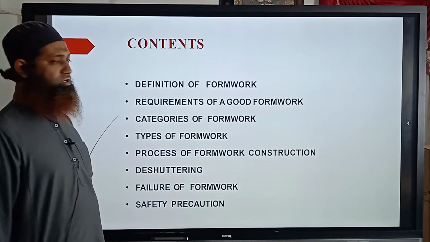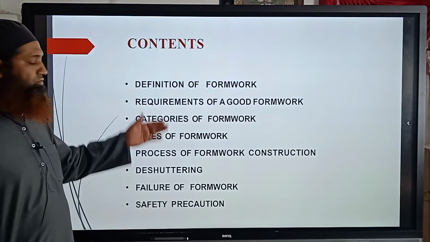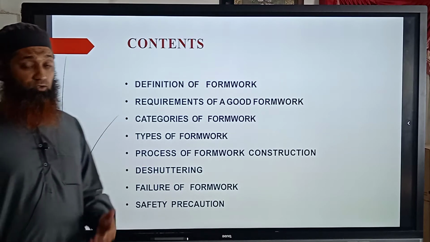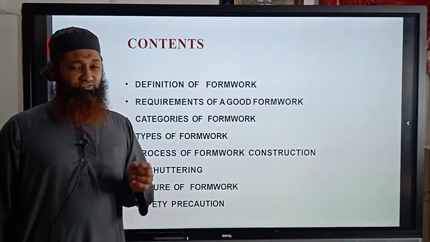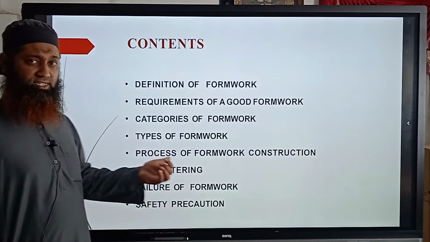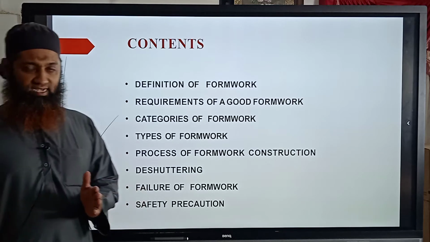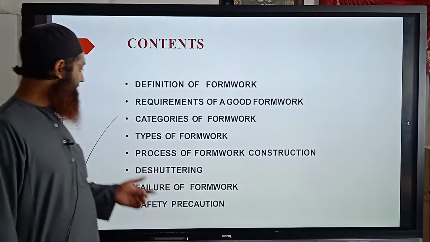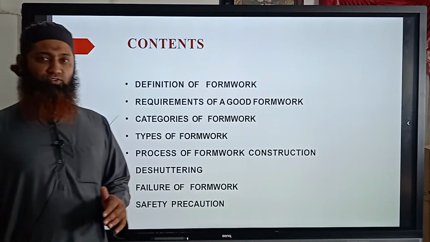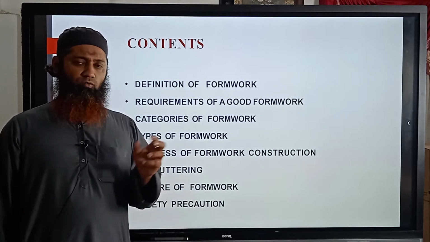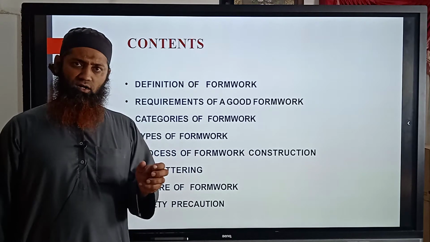You can see here what all contents we'll be seeing. Definition of formwork: what does formwork mean? Requirements of a good formwork. As I had told you, good formwork is very essential, and how essential it is, we'll be seeing in this topic. Categories of formwork, how the formwork is categorized. And the types of formwork: there are different types like timber, steel, aluminum and plastic formwork, and what role they play.